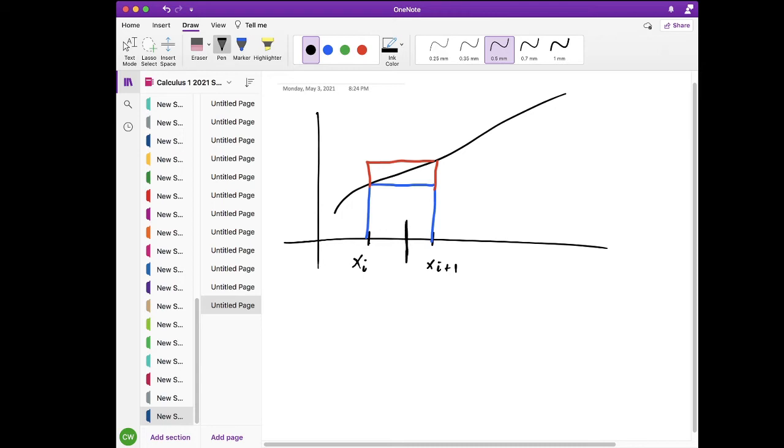Let's call it xi star. And let's instead draw the rectangle from here. So we go up to the curve, and that defines the height of the rectangle. That would be the area of the rectangle. Notice that we don't know if this is an under or over approximation.